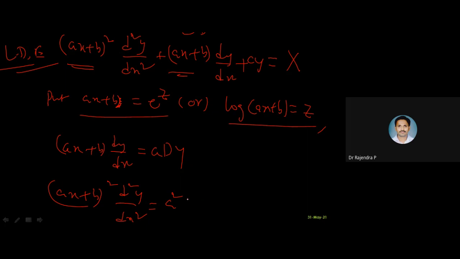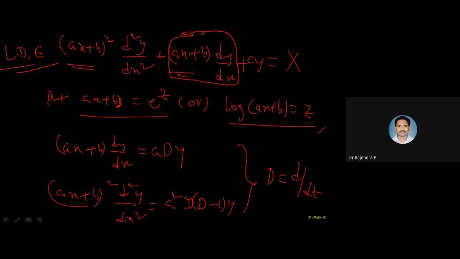In the derivation we got this result, a square into d into (d minus 1) into y. So these results we got, and we have to remember this result. Here this d stands for d by dz.